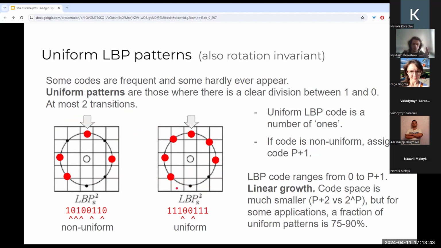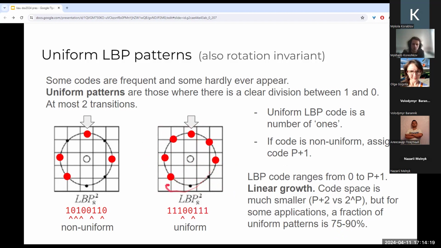So that is when you can absolutely clearly define a separation between ones and zeros. And for some applications, these uniform patterns make up 90 or sometimes 75% of all patterns. So actually, you can avoid talking about this great space of possible LBP codes and just talk about these uniform patterns. And everything that is not uniform, you just classify as one non-uniform pattern code.